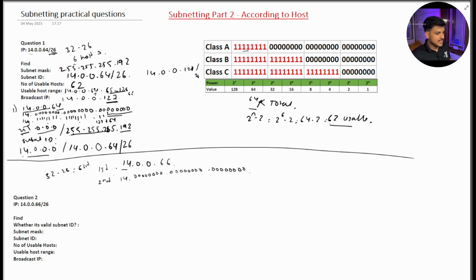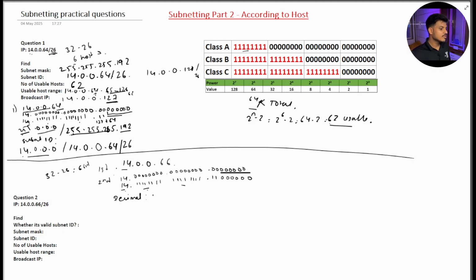So we have to take 6 bits from here. In a shortcut way, you can directly write 14, and as we have given 26 bits to network, that is 8 bits, again 8, and again 8, so 8 plus 8 is 16 and 24. You can directly write 1111 over here, and here the value will be 2 raised to 7, which is 128, plus 64. So it will be 11 and again all zeros.